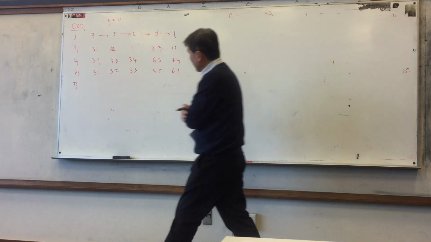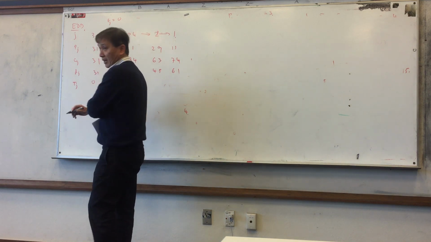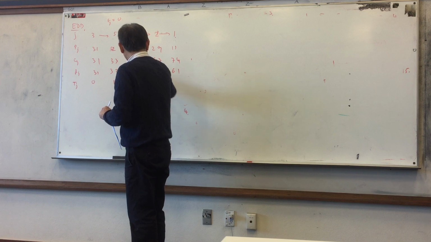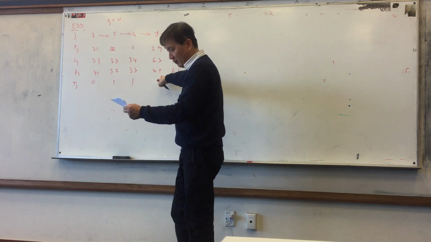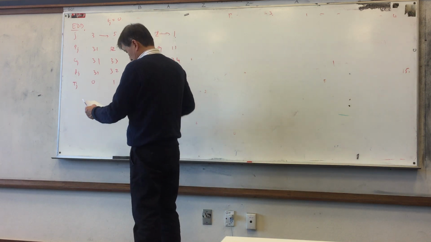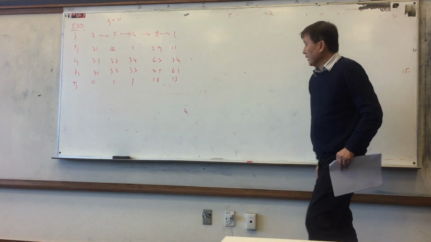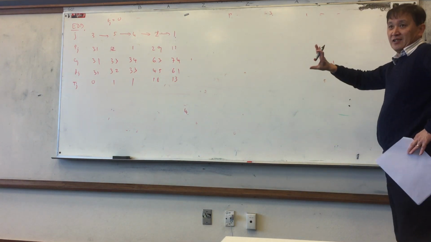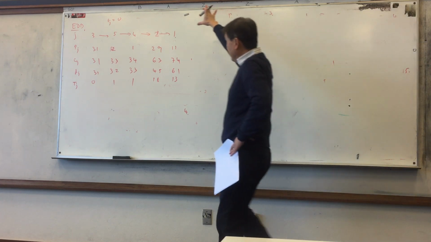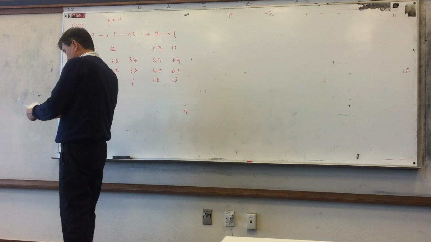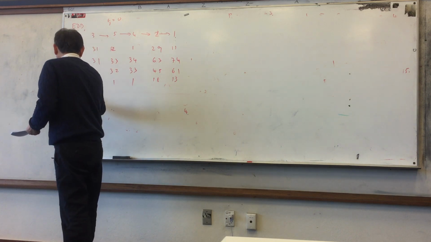The tardiness becomes 0 for the first jobs, and 1 is also equal to 1, so take away that one, 18, so I've got 13 here. Now this finishes my initial step. This is the schedule from EDD.